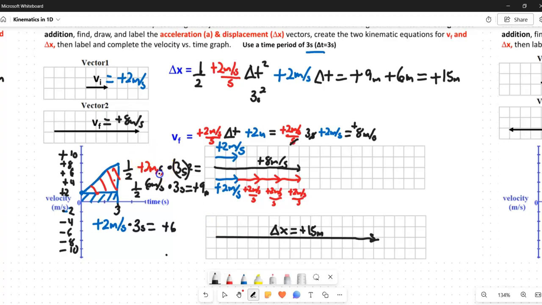So in this part of the graph right here, that's 1/2 times 2, 3 squared. So that's +9. Or you could just take this area right here, which is 1/2 of 6 times 3, +9. So that's how you can double check your mathematics using the graph too.